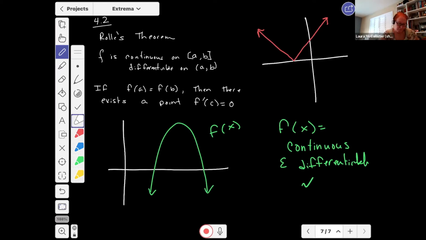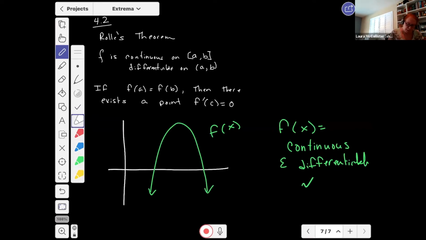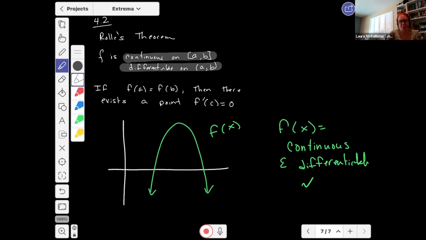So if I said my interval here was from A to B, is this continuous? Yes. Is it differentiable from A to B? And that answer is no. So Rolle's theorem does not apply. Rolle's theorem only applies if you have both the fact that it's continuous and differentiable.